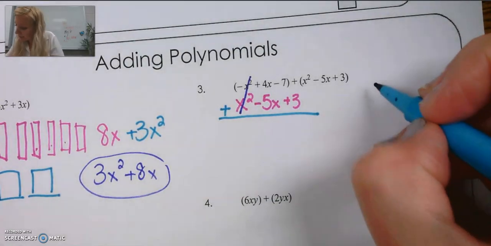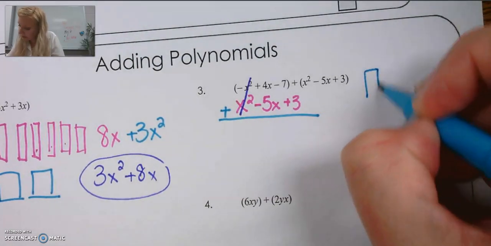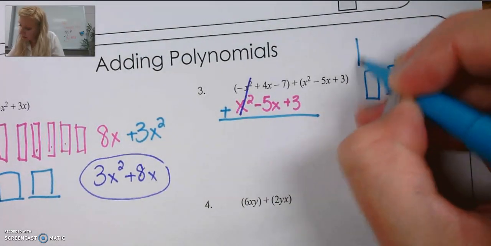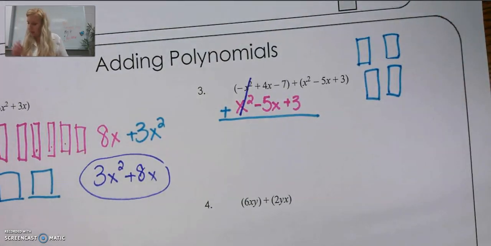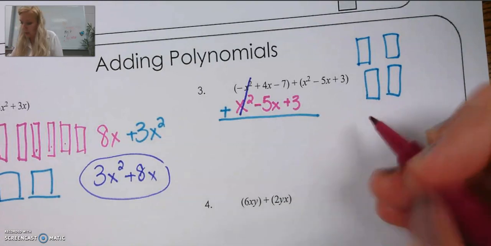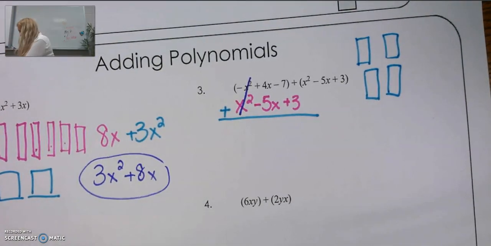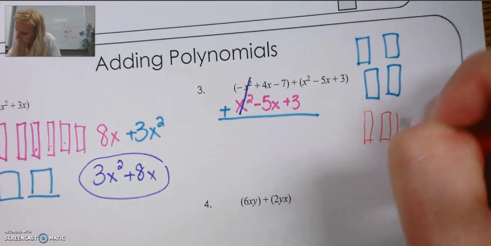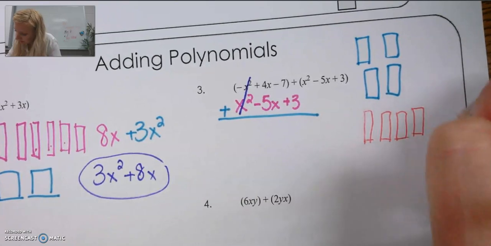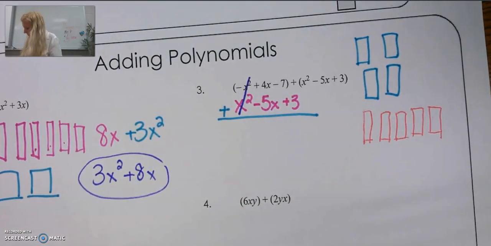If I have 4x, that's 1, 2, 3, 4 x's, and negative 5 x's, I'll make them red. 1, 2, 3, 4, 5.